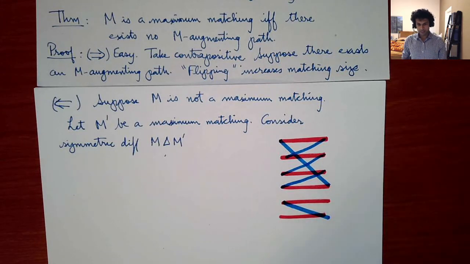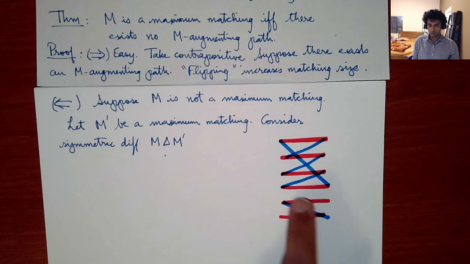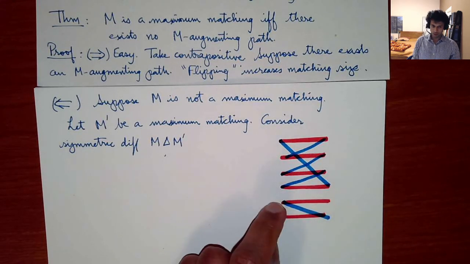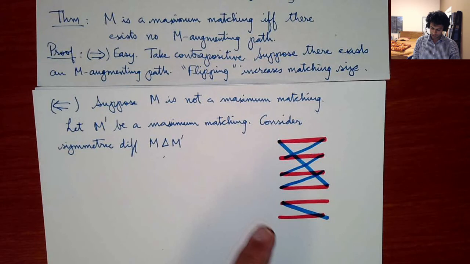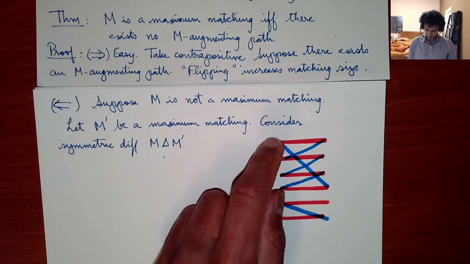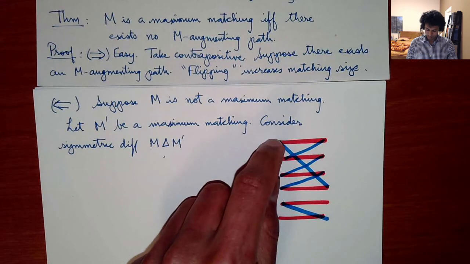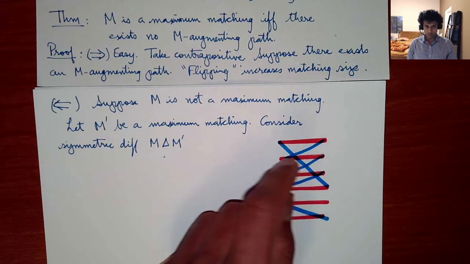What do you get? Suppose you trace one of these along. Let's say you start from here. Red, blue, red. So you get this alternating path, and over here you get blue, red, blue, red, blue, red, blue, red.